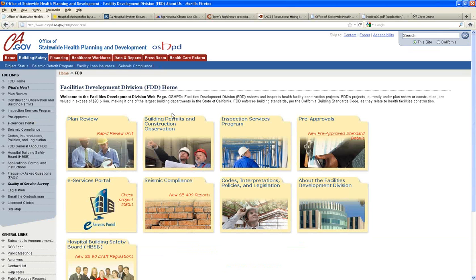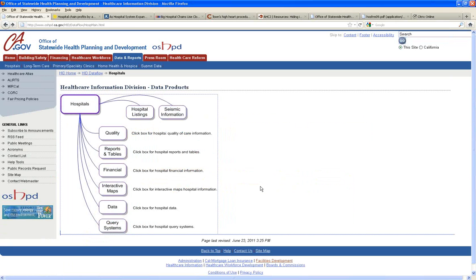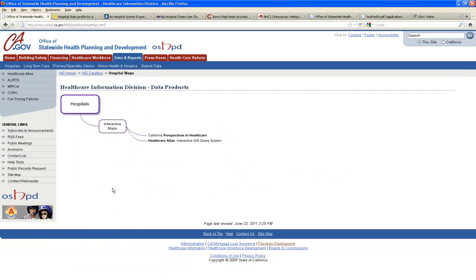There's been quite a bit of coverage on this, but in light of the vast damage that's been done in earthquakes in the state of California, it's an important topic, particularly if hospitals in your community have not taken the necessary steps to upgrade their buildings. And finally, they also offer interactive maps on the website that will let you see different health statistics and characteristics within the state of California graphically displayed.